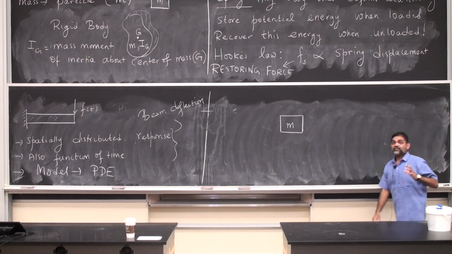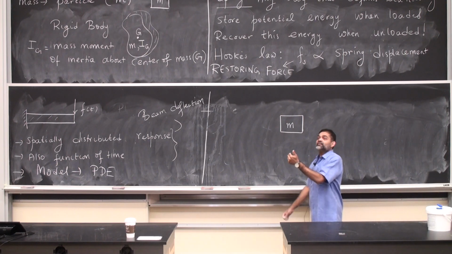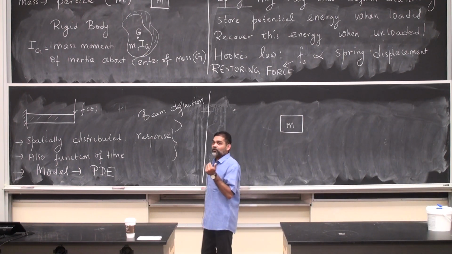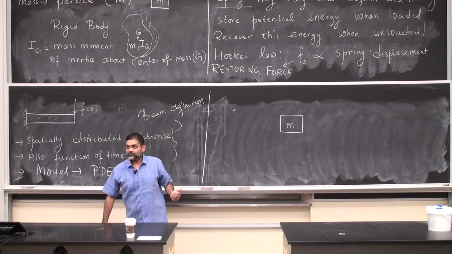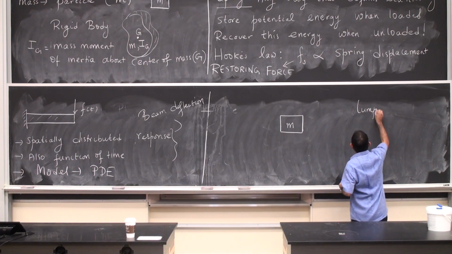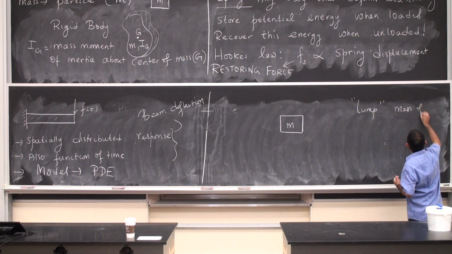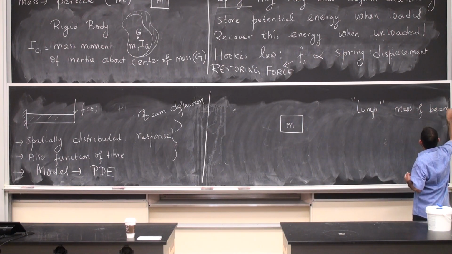This is called the lump modeling of a spatially distributed system, or a lumped parameter model. Okay? So we are lumping the mass into a particle.